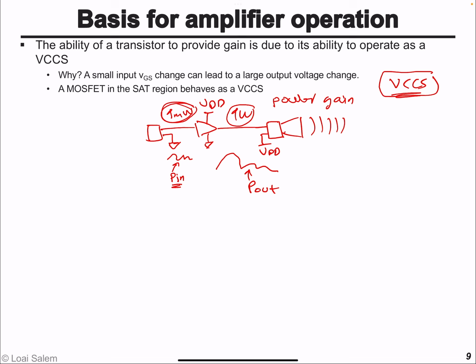All right, so what is the secret behind the circuit being able to provide power gain? It is its ability to operate as a voltage controlled current source. Why?